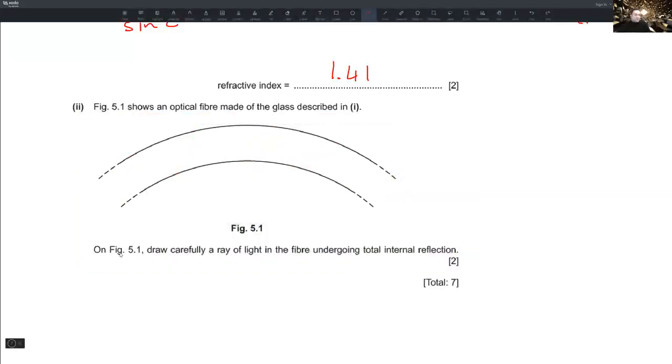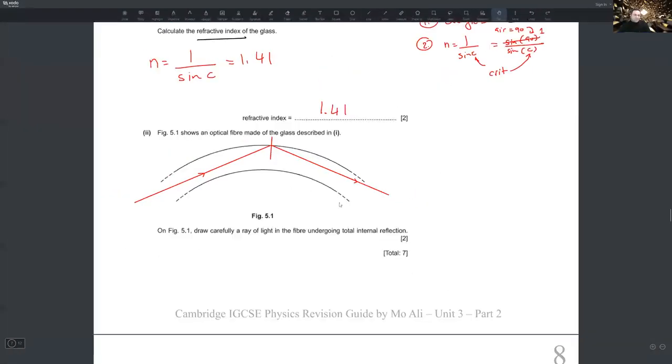Instead, draw a ray that goes in and hits the surface at a very large angle, once, and draw it reflecting with a very large angle. At most, you should have one or two reflections inside the glass, inside the fiber. Just draw one reflection with a very large angle. That's all you need to do.